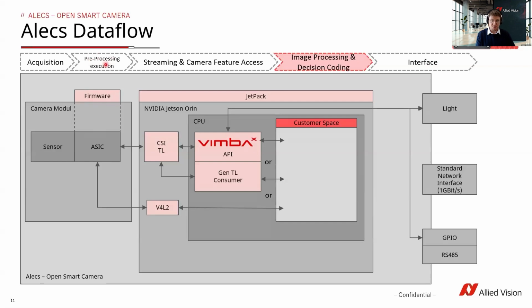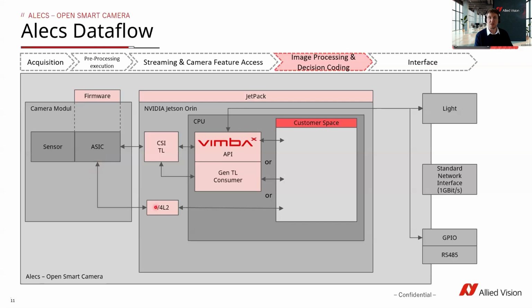And here is the pre-processing, everything you want to use as a feature, which has been developed for about 10 years, with the entire Alvium portfolio we have. So we also have a big feature set, which we can directly use in the Alecs itself. And for that, we have 3 opportunities to get access to that.